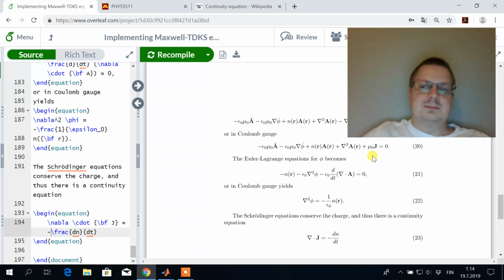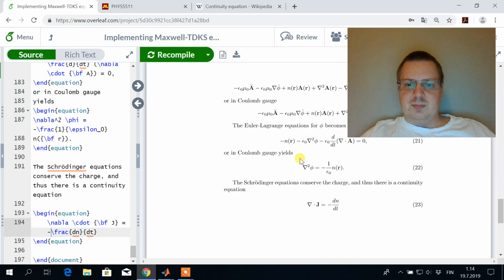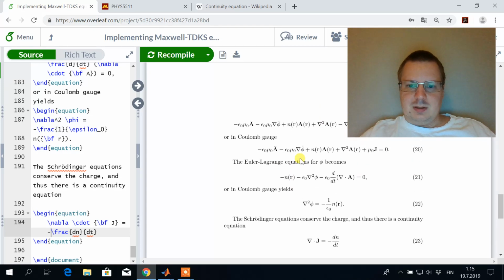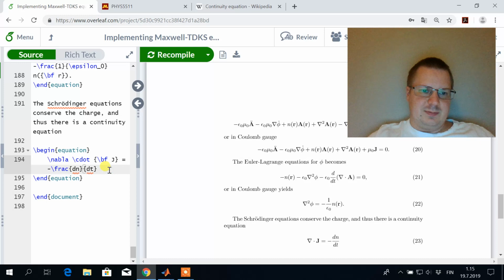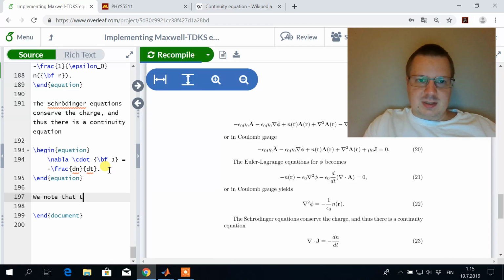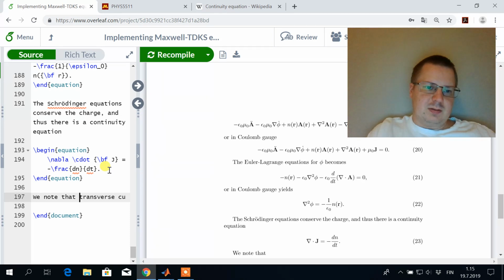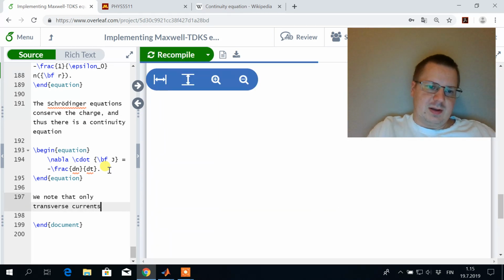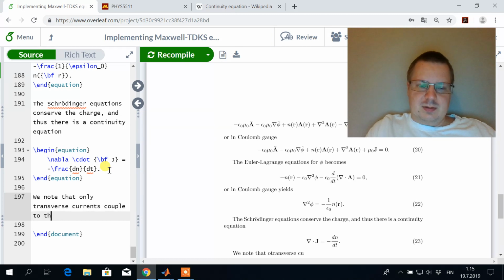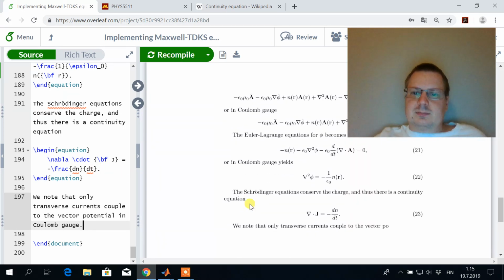It's worthwhile doing it more properly. So how do I say it? We know that only transverse currents couple to the vector potential in the Coulomb gauge.